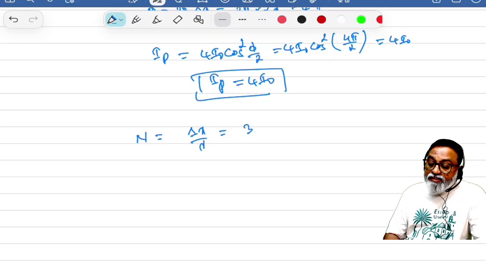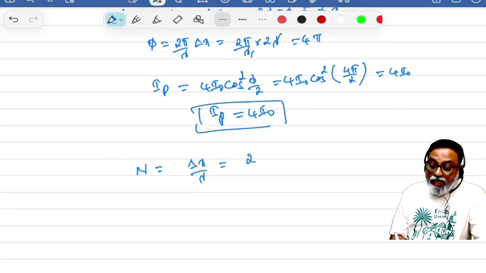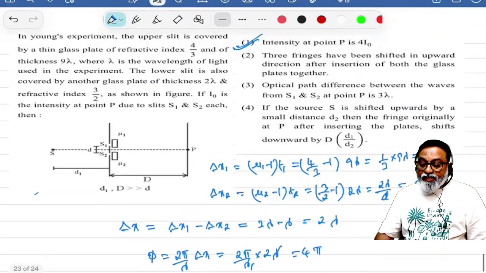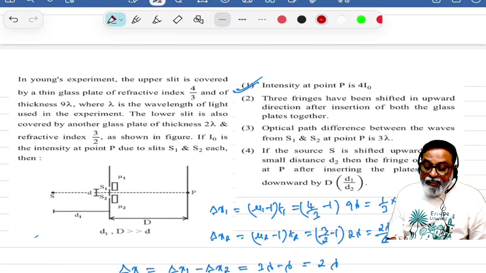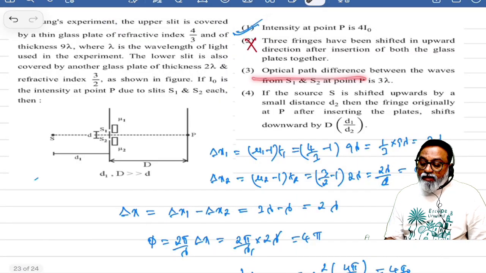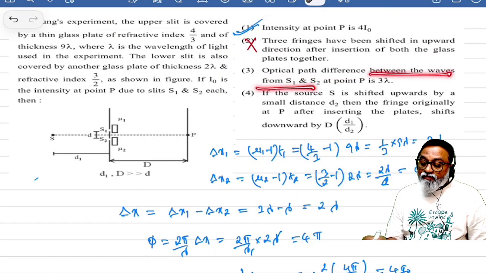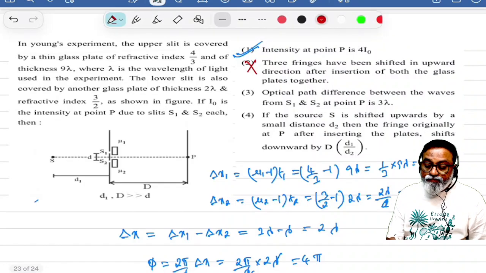Total path difference is 2 lambda, so 2 lambda by lambda is equal to 2. Therefore, the number of fringes shifted is 2, but it is given as 3. Therefore, the second option is wrong. And what about the third one? The optical path difference between the waves from S1 and S2 at point P is given as 3 lambda, but in our solution it is 2 lambda. Therefore, option 3 is also wrong.